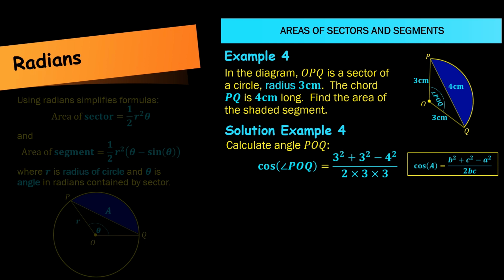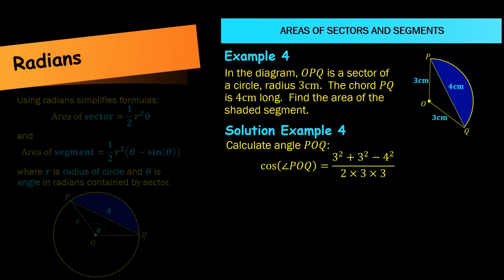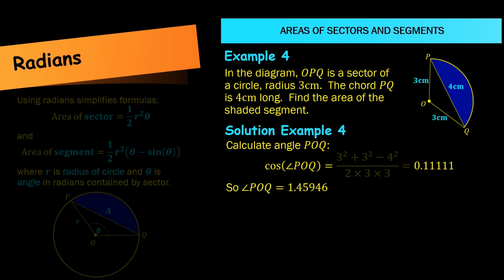We've plugged in the values b equals 3, c equals 3, and a equals 4 into the formula for cos A. Calculating this gives us that cos of the angle POQ equals 0.1 recurring. And therefore, if we inverse cos this value, we obtain that angle POQ equals 1.45946.